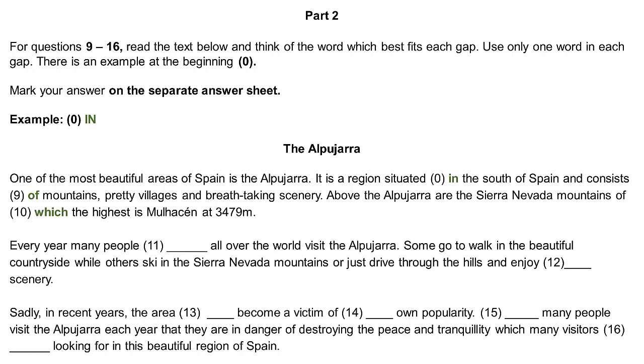Write one word for each of the gaps, 11 to 16. Remember to think about the possible missing words that are often tested in part 2, such as prepositions, articles, pronouns, modal verbs, auxiliary verbs, conjunctions, or fixed expressions like due to or in spite of.